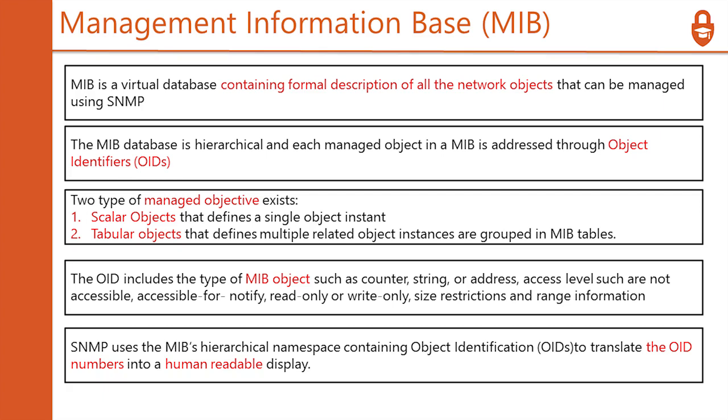The OID includes the type of MIB object, such as a counter, string, address, access level, such as not accessible, accessible for notify, read-only or read-write, size restrictions, and range information. SNMP uses the MIB's hierarchical namespace containing object identifiers, or OIDs, to translate the OID numbers into human-readable displayable information.